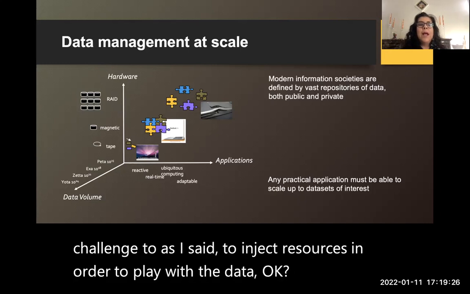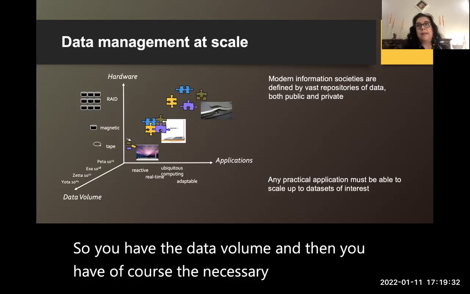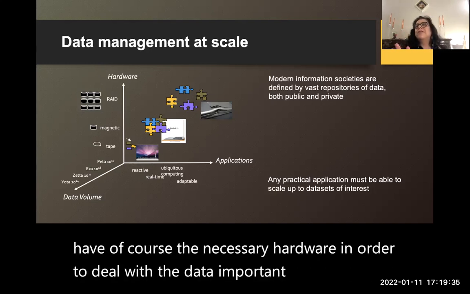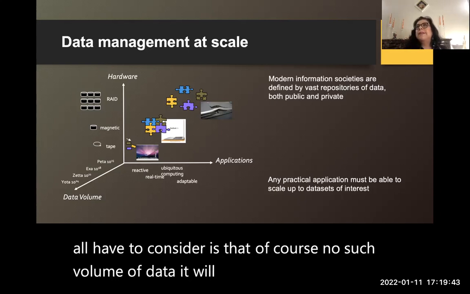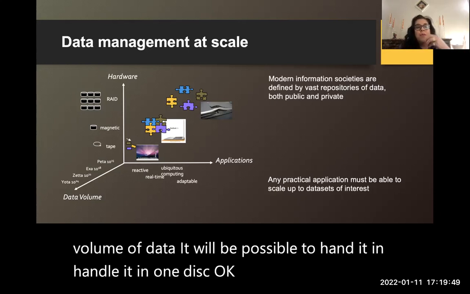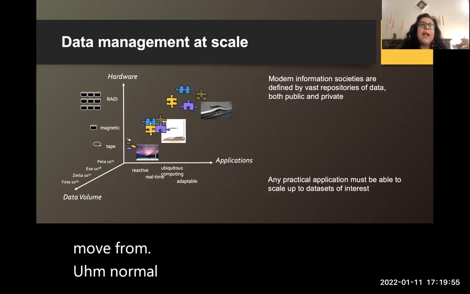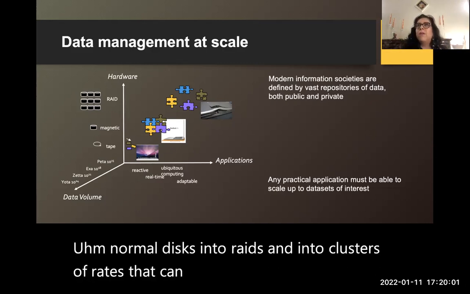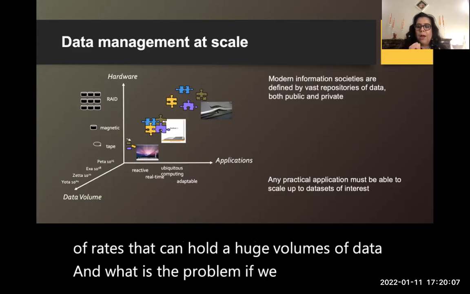So you have the data volume, and then you have the necessary hardware in order to deal with the data. An important thing that we all have to consider is that no such volume of data will be possible to handle on one disk. So we are going to move from normal disks into RAIDs and into clusters of RAIDs that can hold huge volumes of data. What is the problem with these two dimensions?